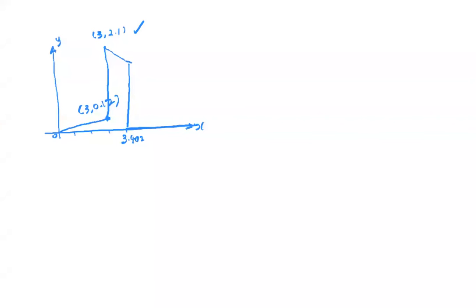Okay, to find the mean, you integrate from 0 to 3 of x y1 dx plus the integral from 3 to 3.402 of x y2 dx. What is the answer?